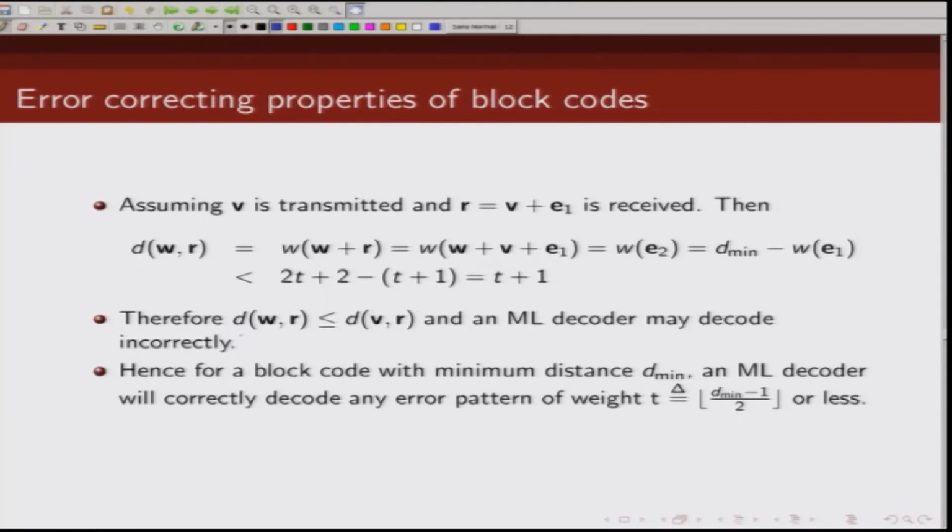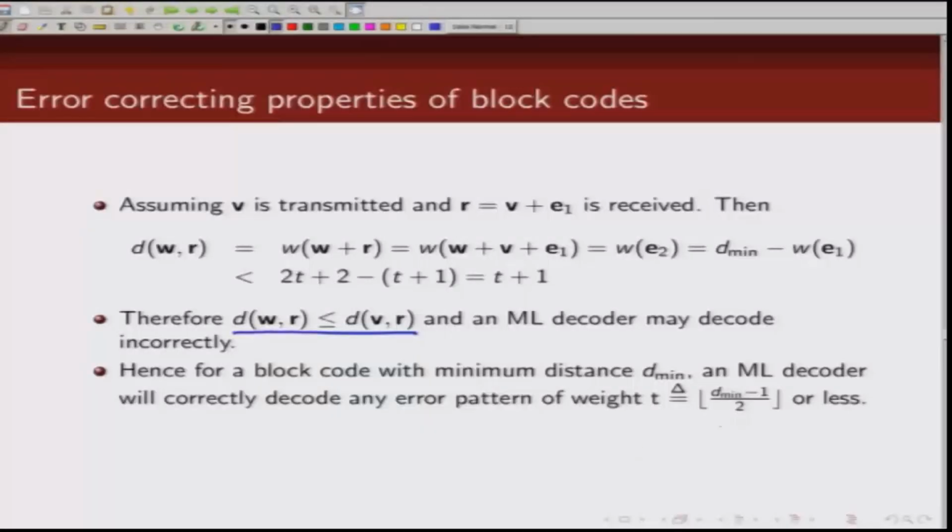So, what we have shown is that the Hamming distance between W and R is less than or equal to the Hamming distance between the received code word R and the true code word which was actually transmitted, which is V. So, in this case the maximum likelihood decoder will decode in favor of W and not V, and will make a mistake. So, through this construction we have shown that if your error pattern is of weight t plus 1, then you are not guaranteed to correct that error.